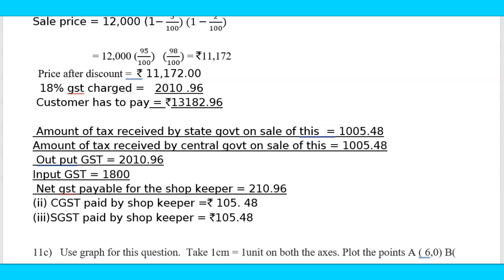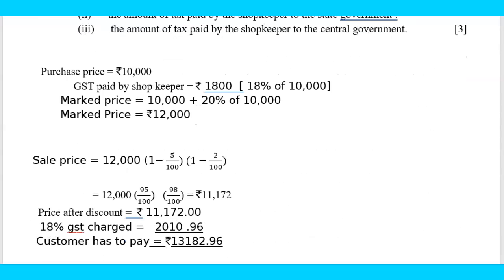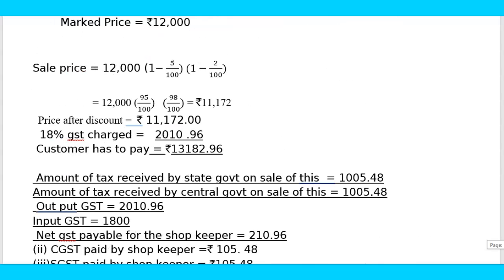So what do you actually have to do? While purchasing, he paid GST to the manufacturer. How much? That is 18 percent of 10,000, that is 1800, already paid by the shopkeeper. You have to consider that as input GST for the shopkeeper. Now, while selling the goods, he is charging GST, that is 2010.96.